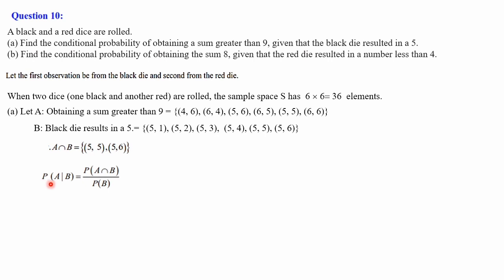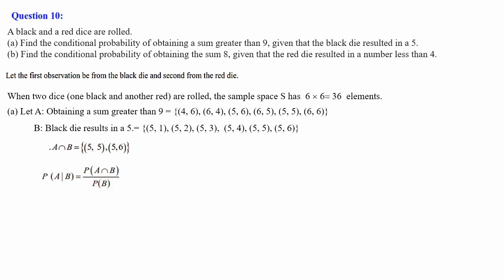Then P of A given B we can write directly. No need to go for calculating P of A intersection B and P of B separately because it is easy for us to calculate directly. So P of A intersection B means A intersection B is having 2 elements. So probability is 2 divided by total number of elements in the sample space, that is 36.